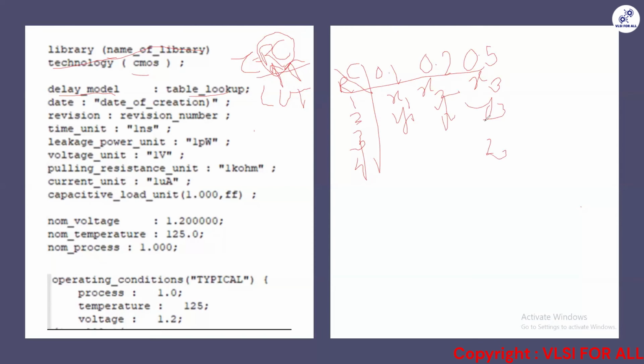Now, how does any delay get calculated? It looks at, for example, how my input transition is, and finds that if this is the value, my input transition is this much. How is my capacitive load? Find out I am in this one. Let's say this value over here was something related to M1. So how does the tool substitute when you're doing STA, or any timing analysis?